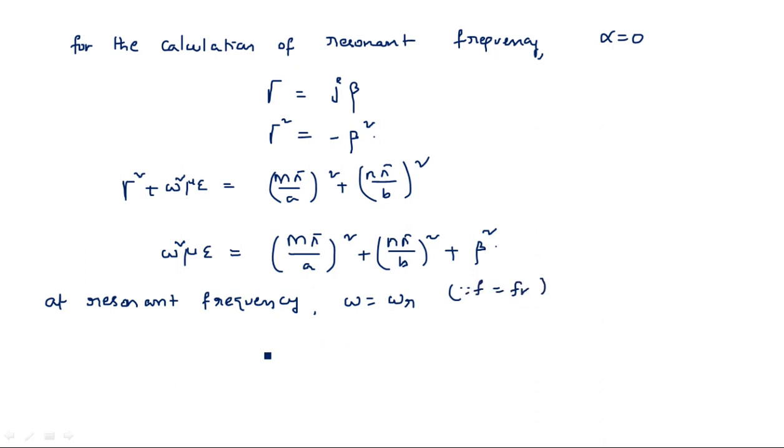Okay, omega equal to omega r and beta is equal to p pi by d. Beta is equal to some p pi by d. Okay, that is the value of beta at particular frequency, resonant frequency. Generally beta is nothing but 2 pi by d, but as it is having a different frequency, resonant frequency, we are taking that as p pi by d.